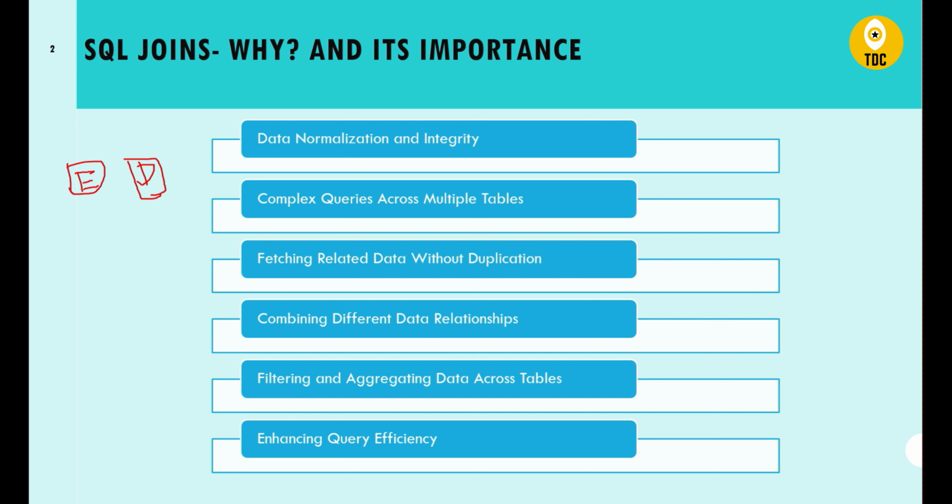say there is a salary table, there is a performance related table, right? There is a location table. So basically you can understand, right? It becomes too complicated when you split the data across multiple tables.